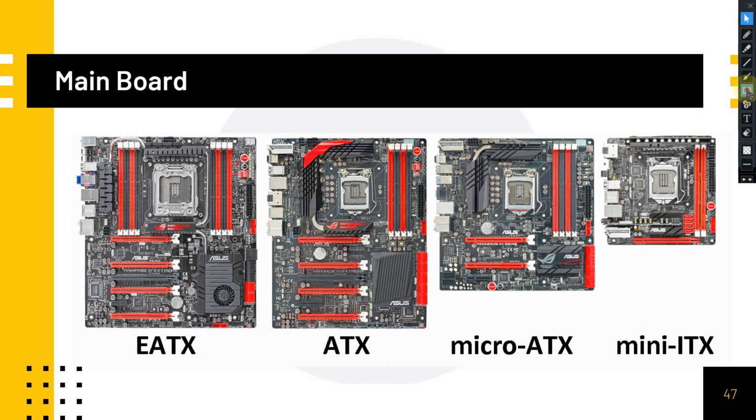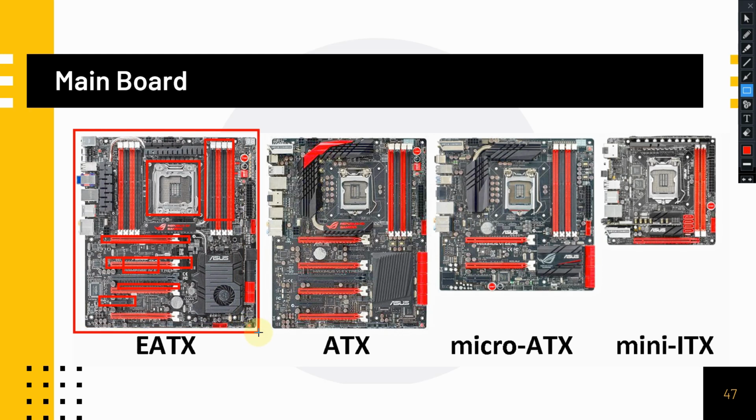Here we have the CPU socket, and we have RAM slots, as well as PCI Express for graphic cards. These are all PCI Express, and this one is also PCI Express. With a larger mainboard and more components, we can easily build or expand our system.